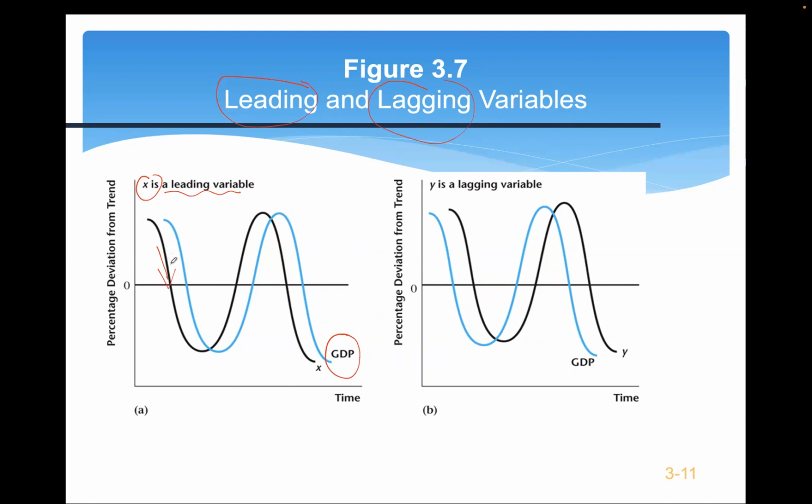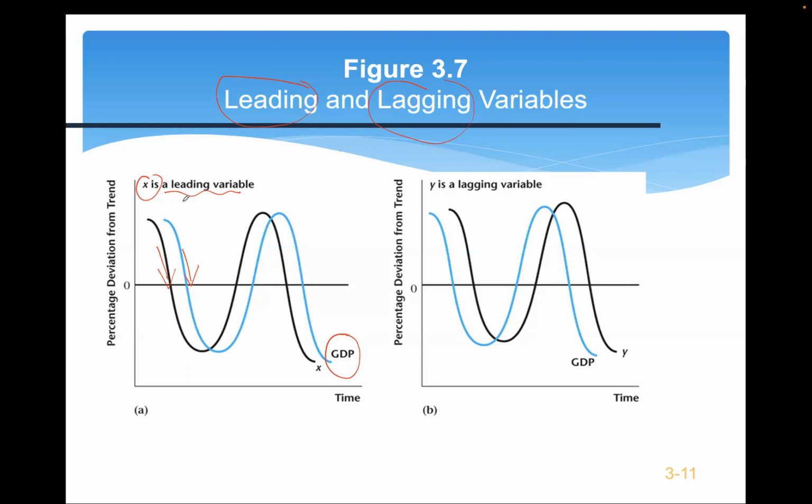To be precise here, if you observe X falling, usually it comes with a decline in GDP just a few quarters later. So this means X is going to be helpful to predict the direction of GDP, and X is a leading variable. It's going to give you some clue. It leads you to the next step.